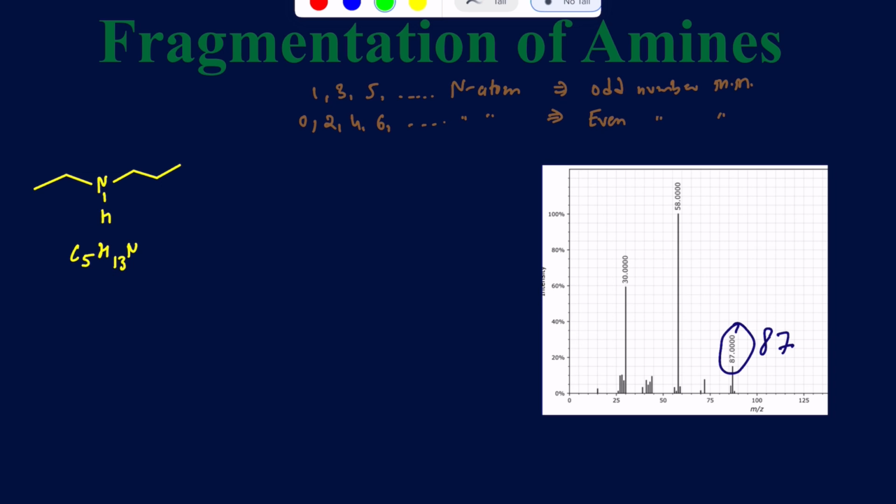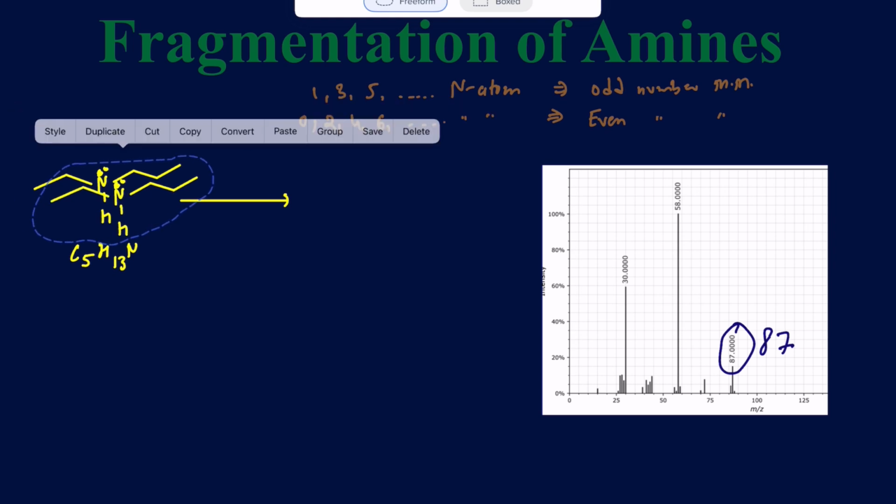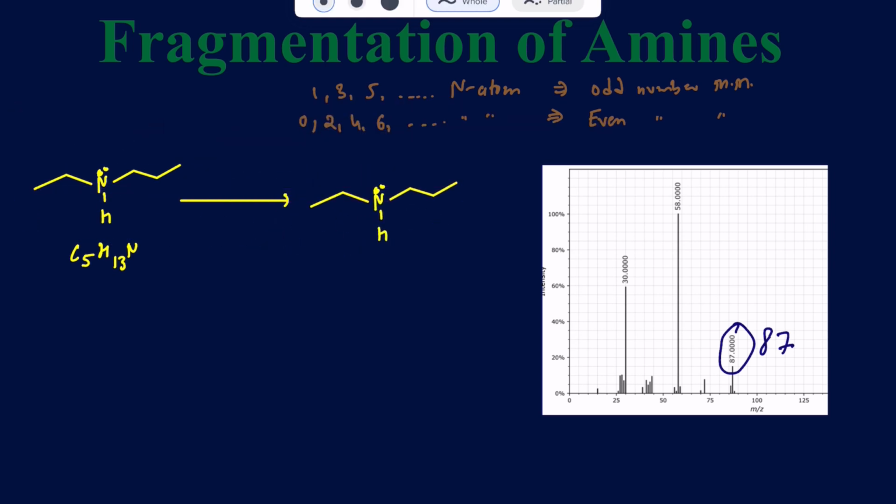When I have a lone pair on this nitrogen atom, which is a non-bonding electron pair, in the mass spec I'll lose one of those electrons from the nitrogen atom, and one electron stays there, which makes the radical cation. So the m/z for this one is 87, and you do see that there.